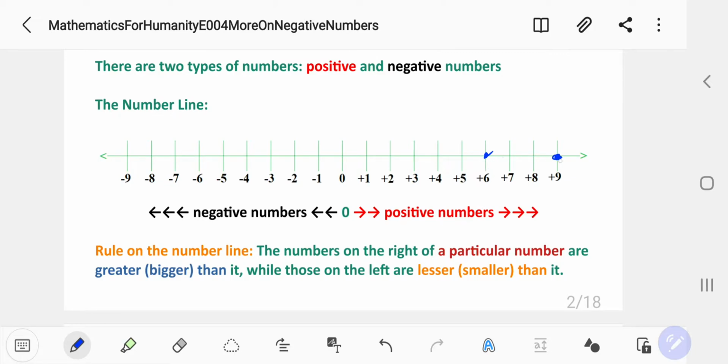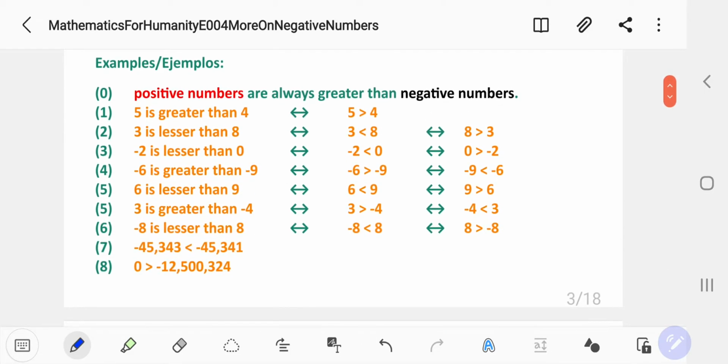But if you say 9, you can also see from here that 9 is on the right side of 6, so 9 is greater than 6. So here you have 6 is lesser than 9, or 9 is greater than 6.